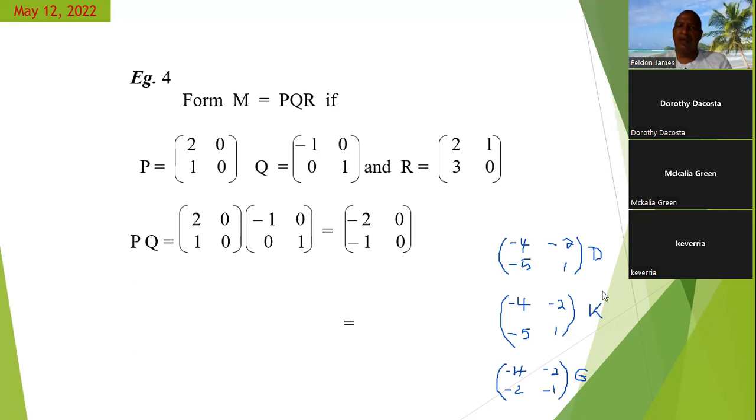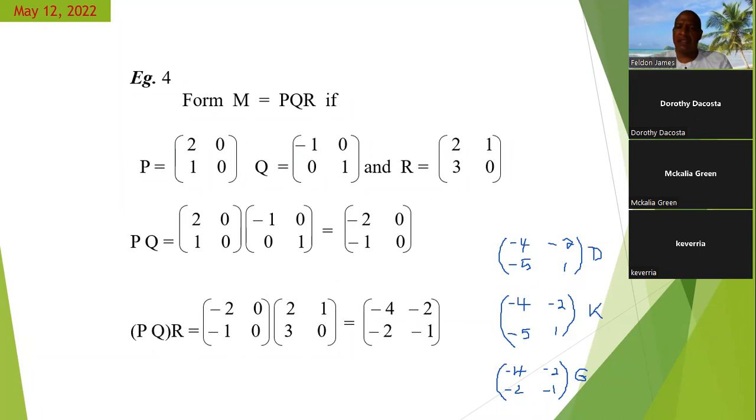We're doing P and Q first. So when we multiply P times Q, we get this. Now after we get this, we're going to use it to multiply R. So we would get that. And so the correct answer here would be Miss Green.